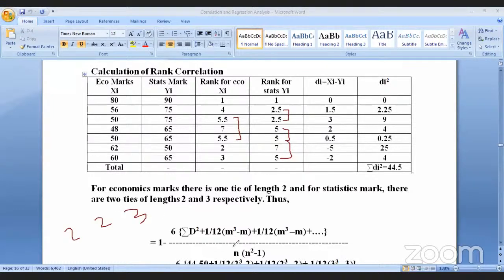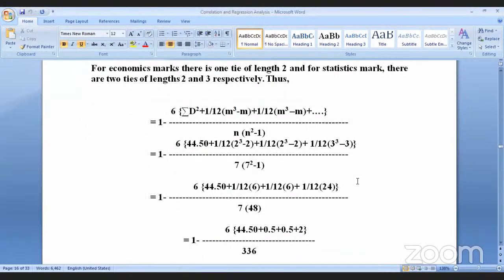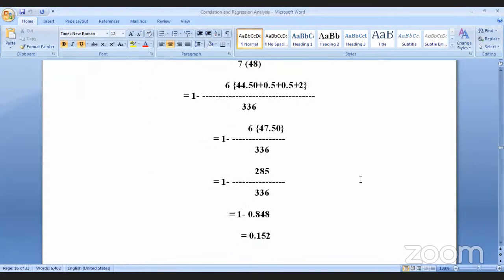So for the first, in the place of m we have written 2, and for the third we need to expand the formula 1 by 12 into m cube minus m, that is 3 cube minus 3. That is the reason we have written these values. Then finally we got the value 0.152. In this problem, any doubt, please ask. Did you understand the problem or not?